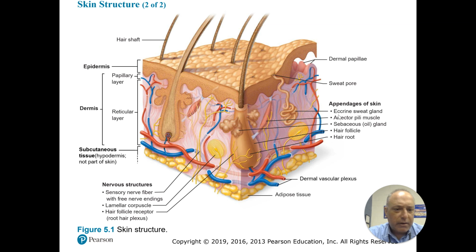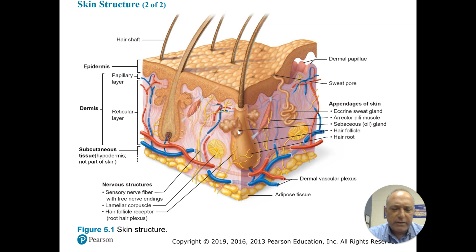And then we've got our eccrine, everyday merocrine sweat glands, our erector pili, which when stimulated will make the hairs erect.